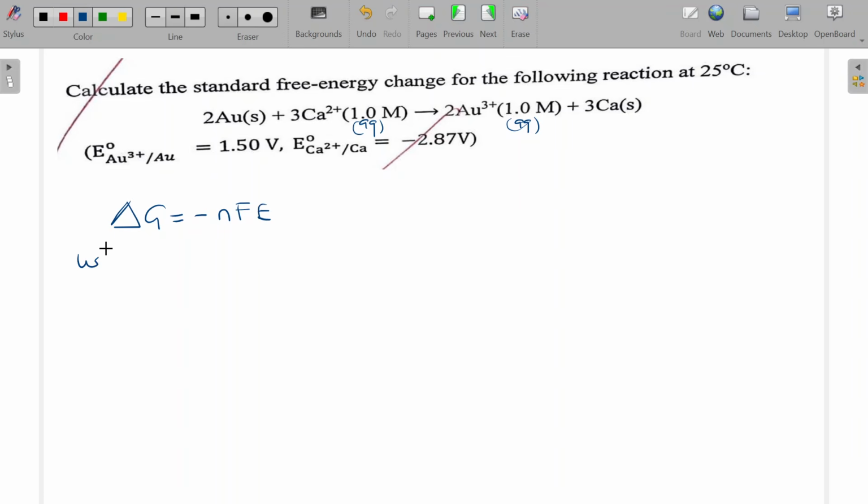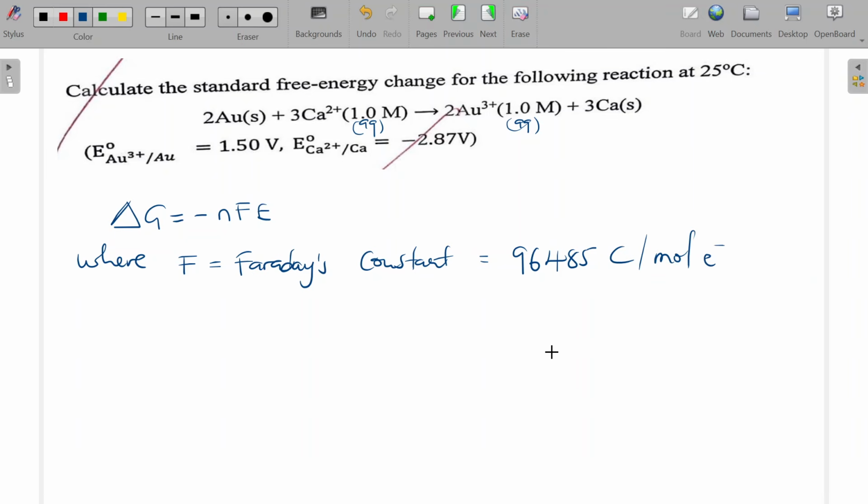F is the Faraday's constant, which is 96485, coulomb per mole of electrons.